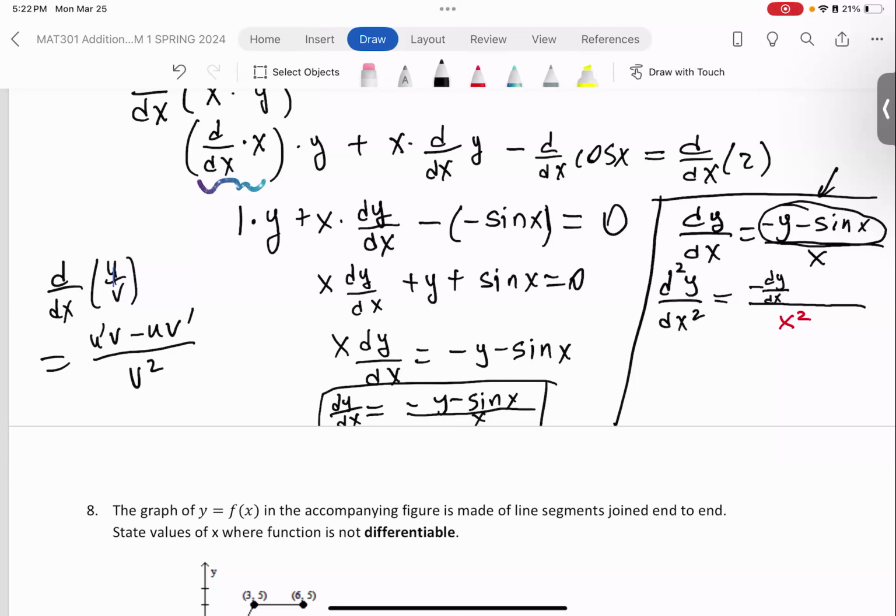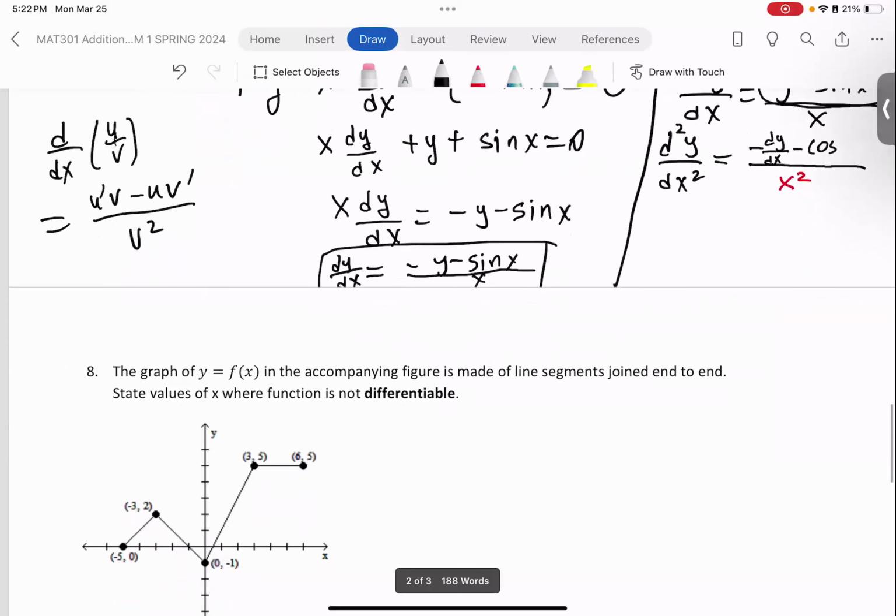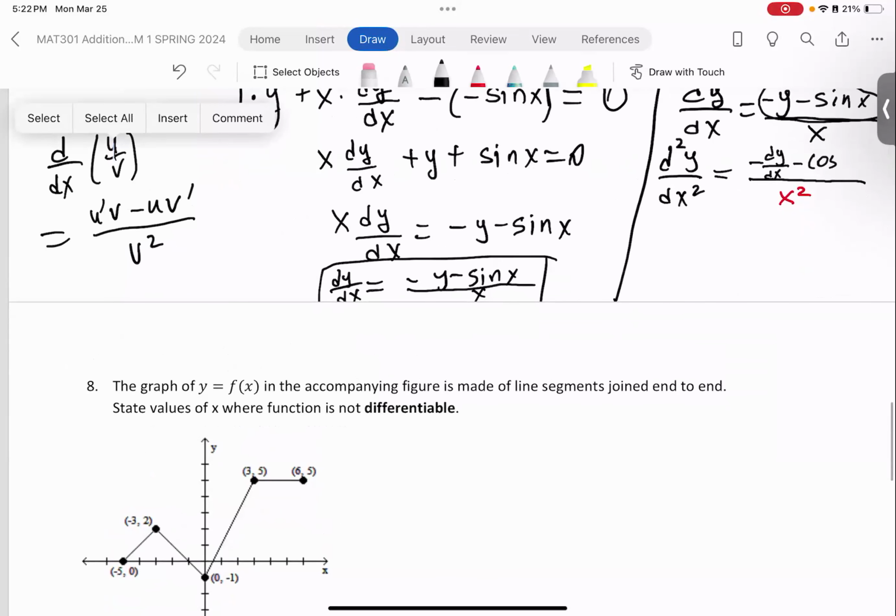And what's the derivative of negative sine? So it's minus cosine because the derivative of sine is the cosine. I'm running out of space, so I'll copy over here and just move it.